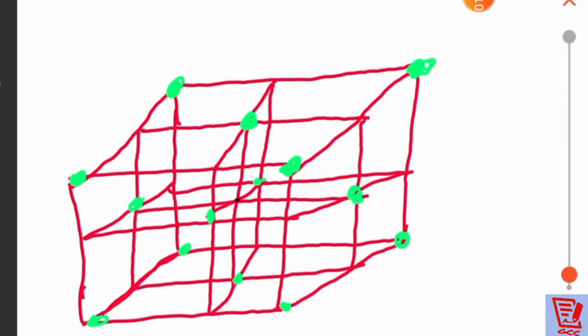Okay, now you see this is the cube as we have made previously also. Now in this cube previously we have taken the points at the alternate position, and it is also a CCP arrangement.